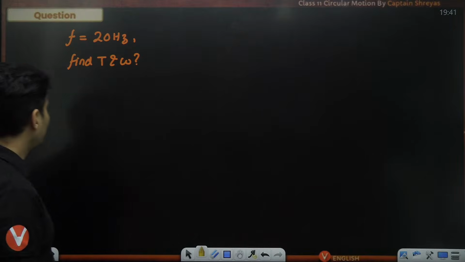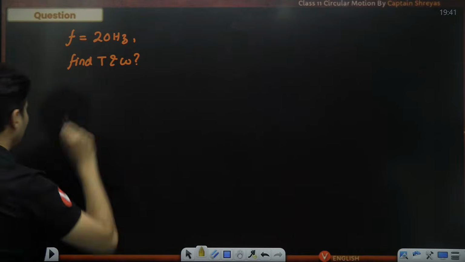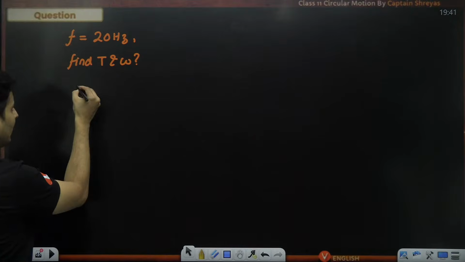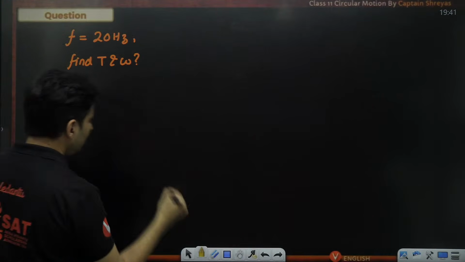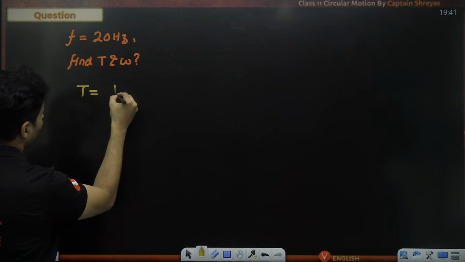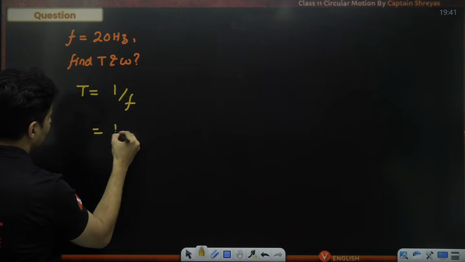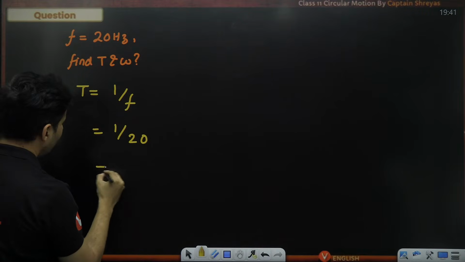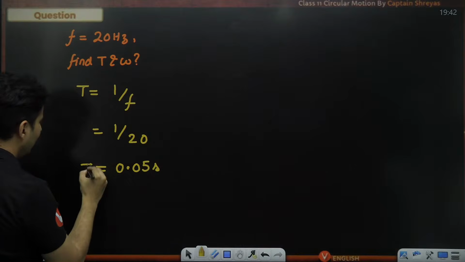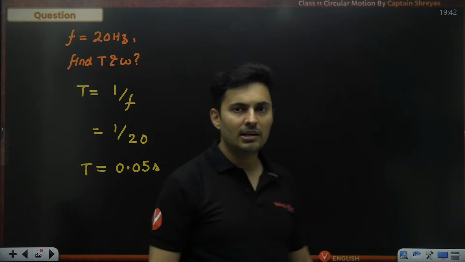Very straightforward. Frequency is given, find time period and omega. Okay, what do we do? Time period I know is 1 by f. So it is just 1 by 20. 1 by 2 is 0.5, so this will be 0.05 seconds. So that is the time period, done and dusted.